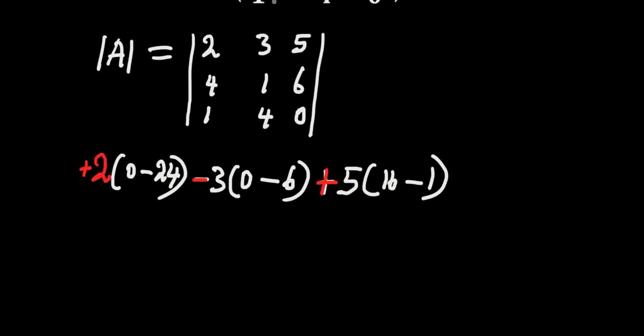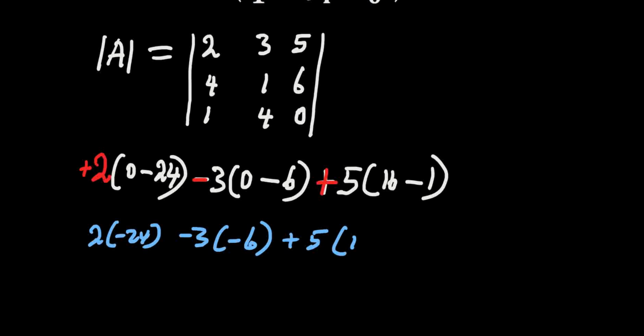So now we are going to distribute this 2 into the parentheses. So 0 minus 24 is negative 24. So this would be 2 times negative 24, and then minus 3, negative 6, plus 5, 16 minus 1 is 15.